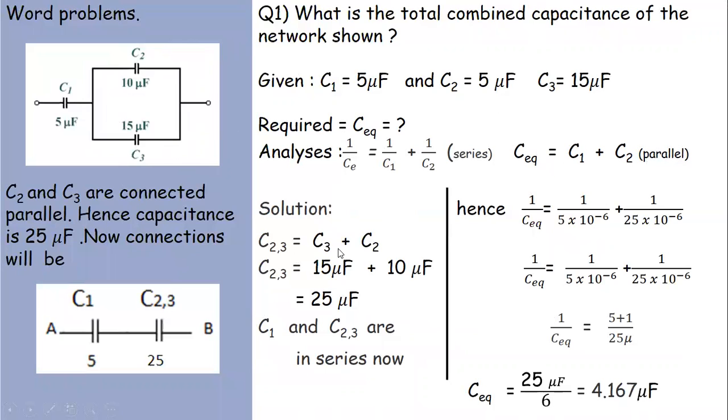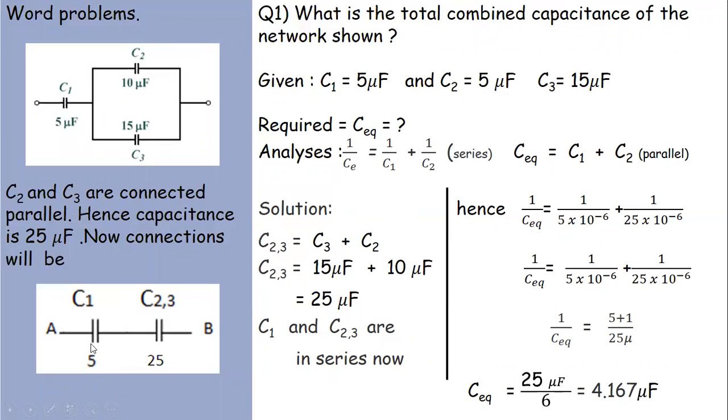So these two, C2 and C3, are in parallel, that will be 15 plus 10, that will be 25 microfarad. Now the equivalent capacitance is 25, so you can see C1 and this C2 are now in series combination.